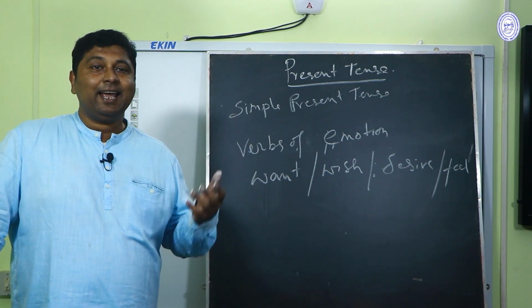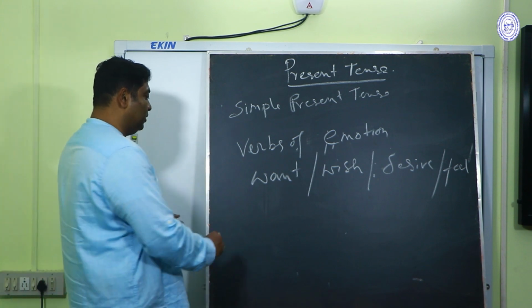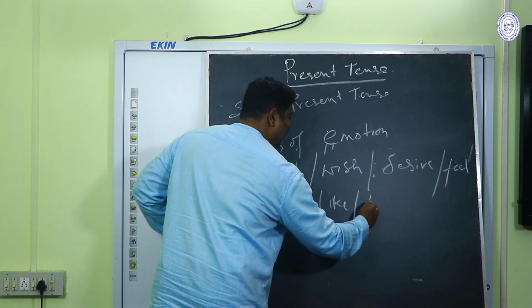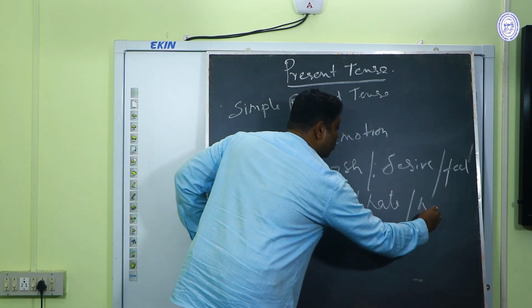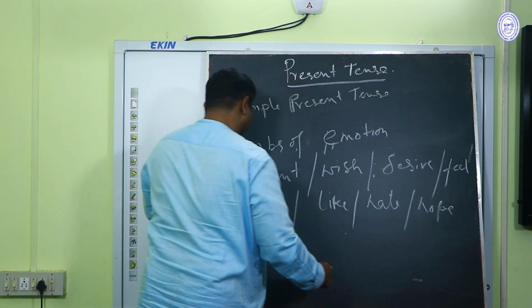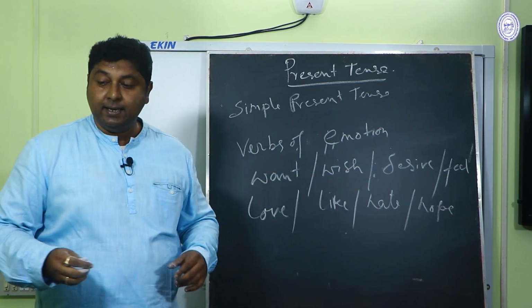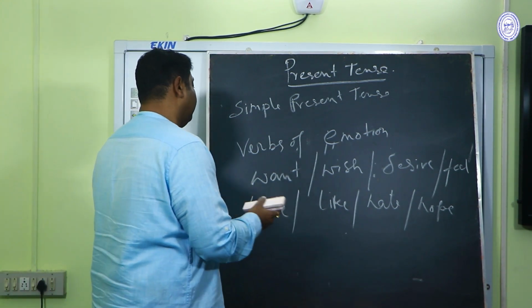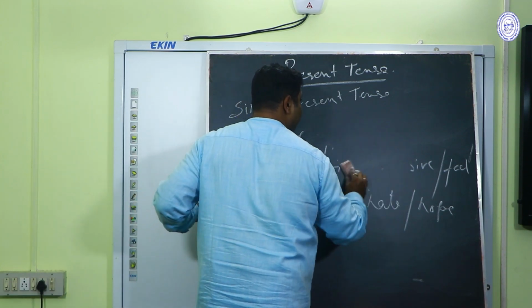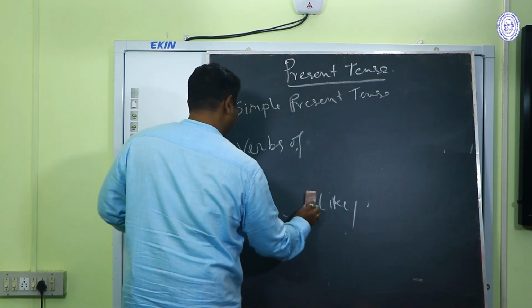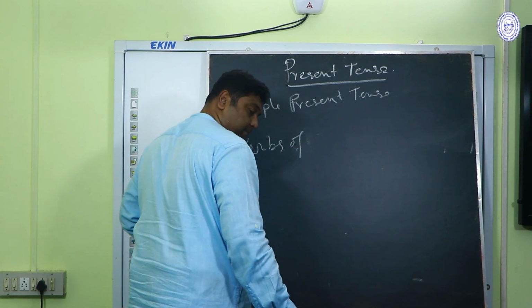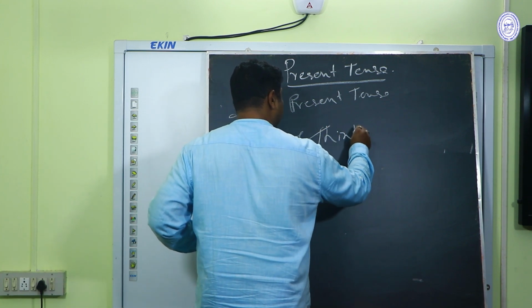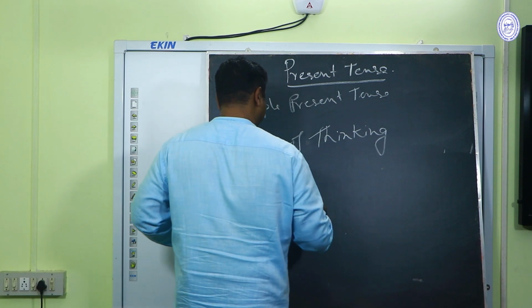Like love, like, hate, hope, refuse, and so on. The next are verbs of thinking. What are they?